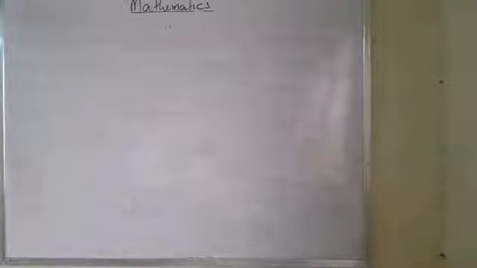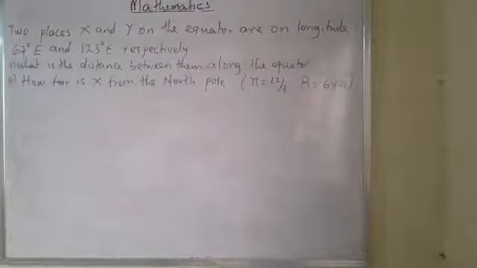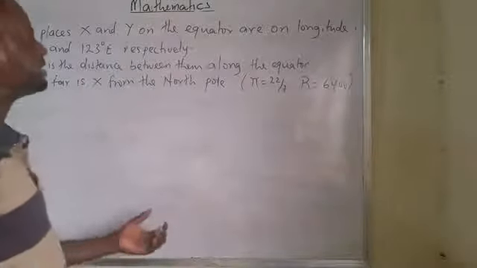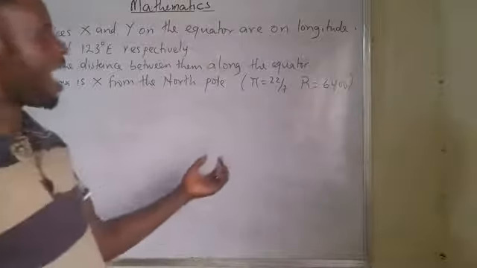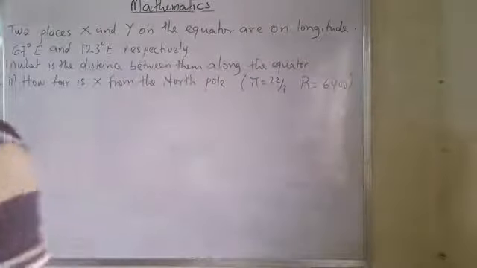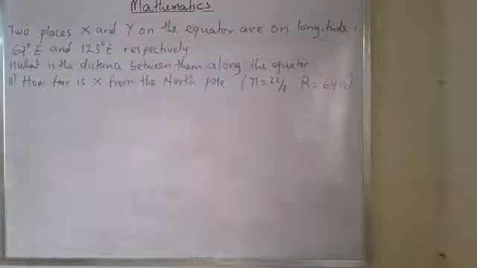Now, look at this question. Two towns, X and Y, on the equator are on longitude 67 degrees east and 123 degrees east respectively.